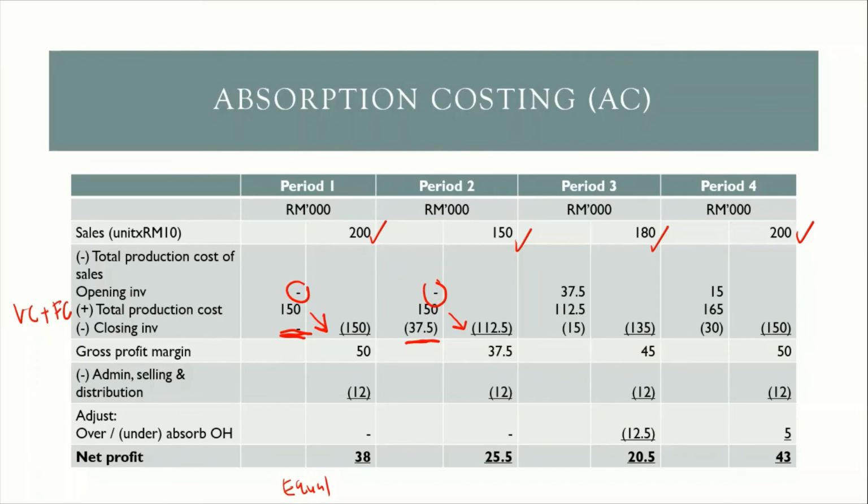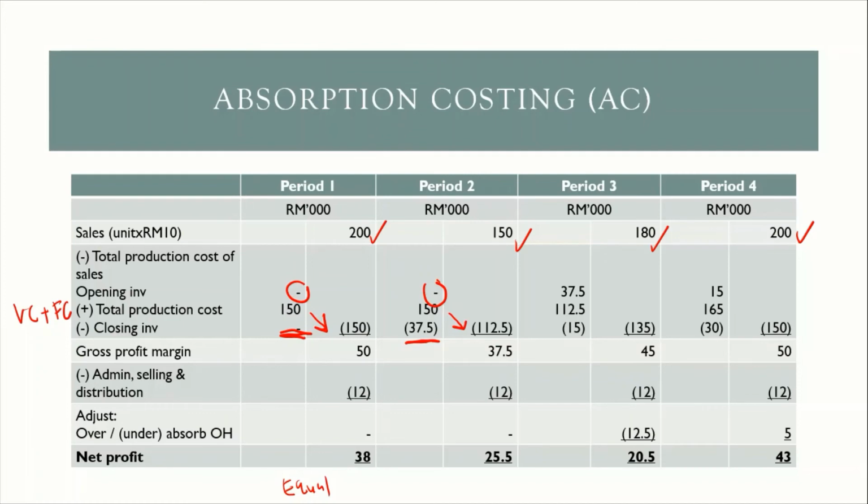And for period three, you have an under absorbed overhead, which is 12.5 thousand, and which gains a net profit of 20.5 thousand. Okay, so the detailed calculation for the under absorbed is in the note section of this slide.